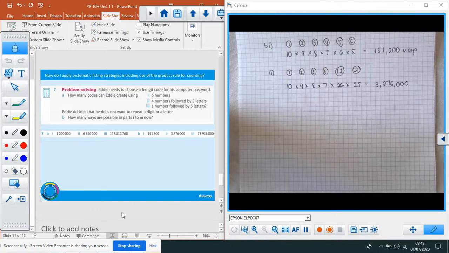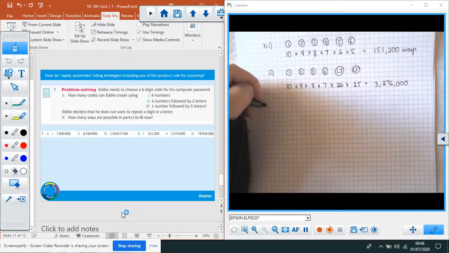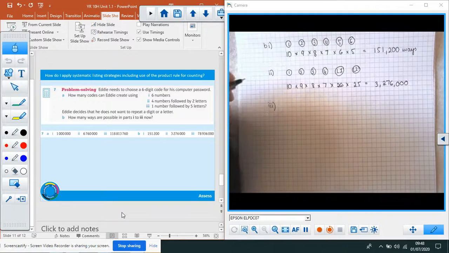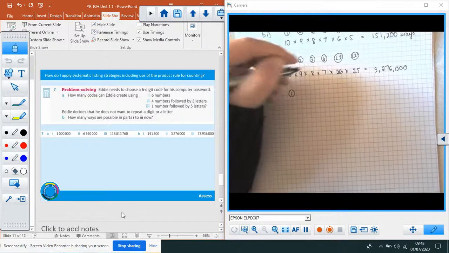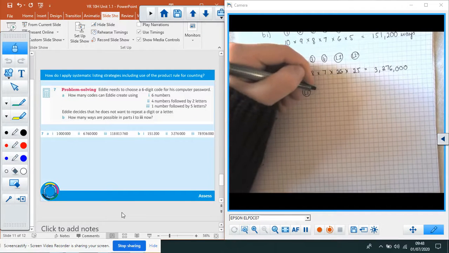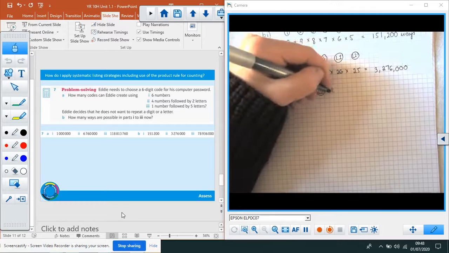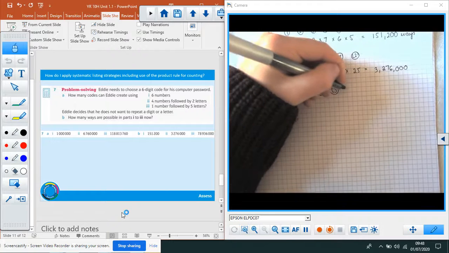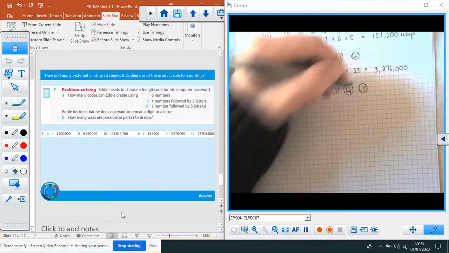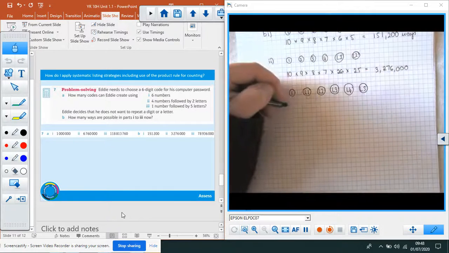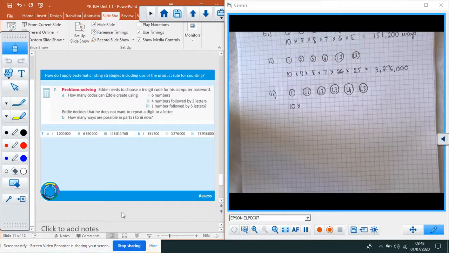Okay, and then for part 3, he's got one number followed by 5 letters. Okay, so he's got 10 options for whatever the digit is that he picks.